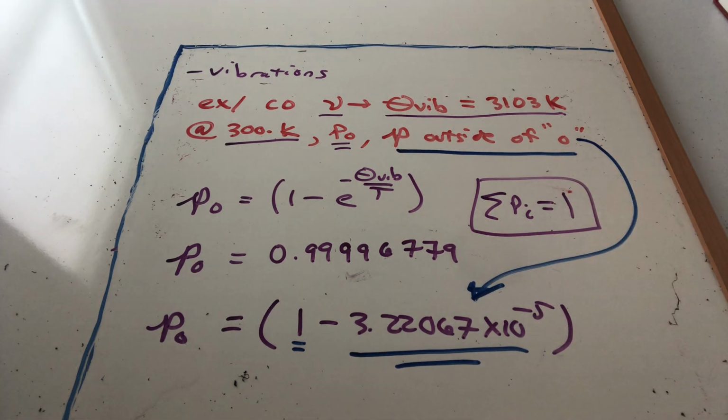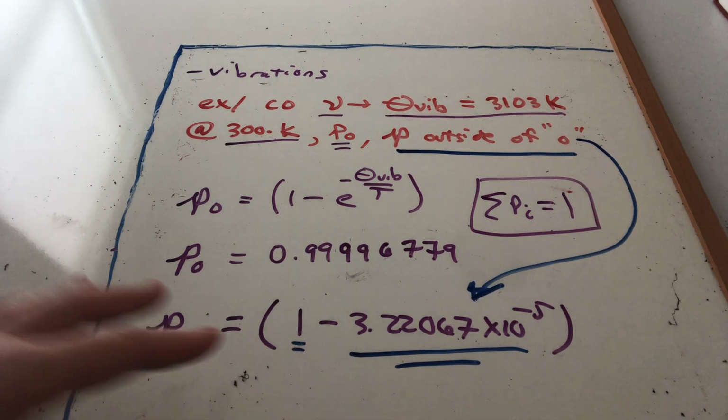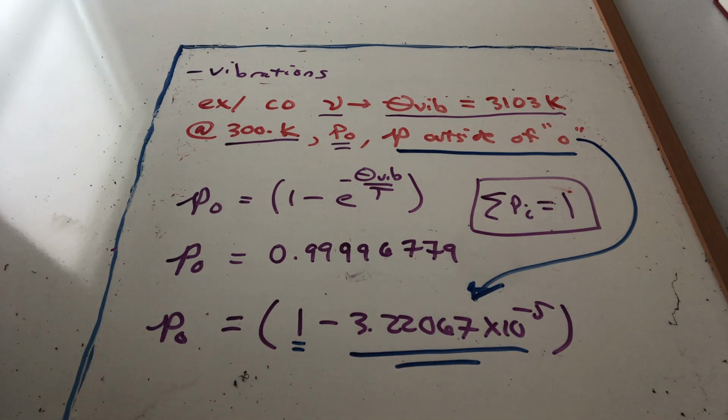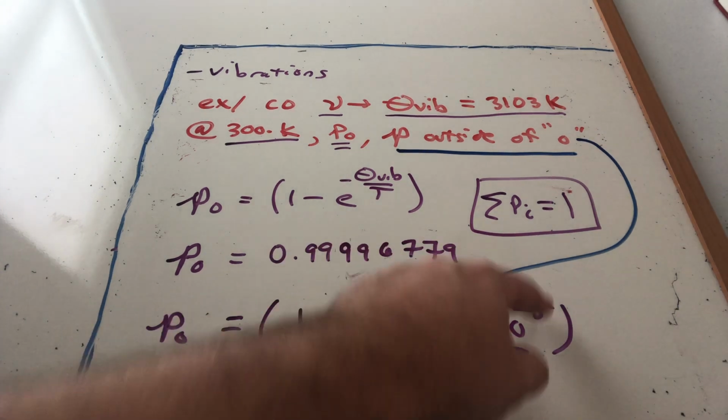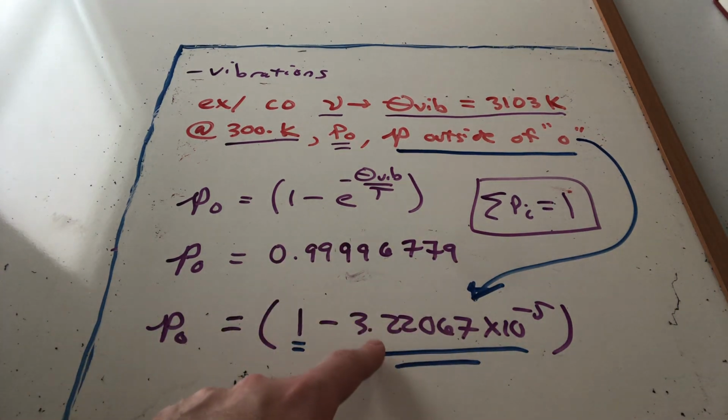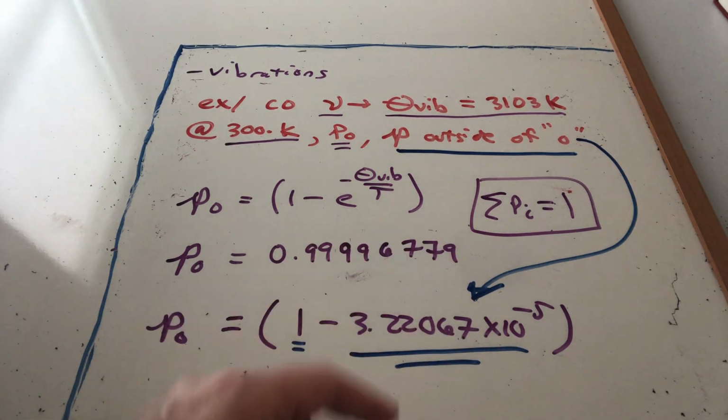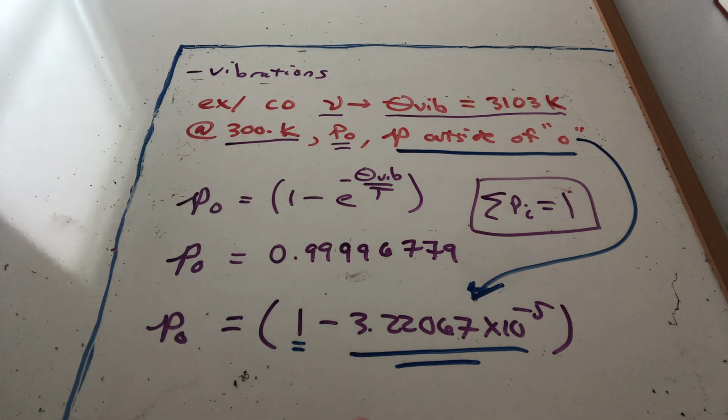If 1 is the total probability when you look at all molecules, and I have an expression for the ground state that's 1 minus some number, then this must be the probability to be in P1, P2, P3, all of those. Now this is most likely going to be really close to P1.